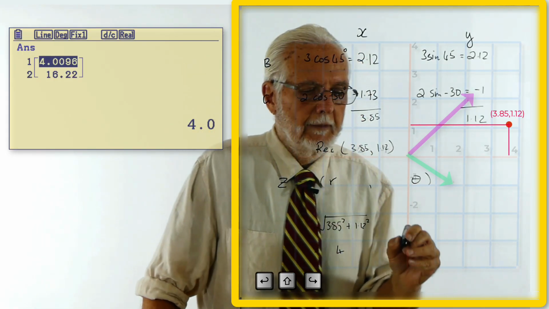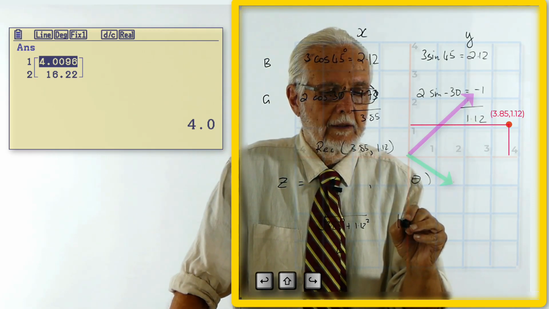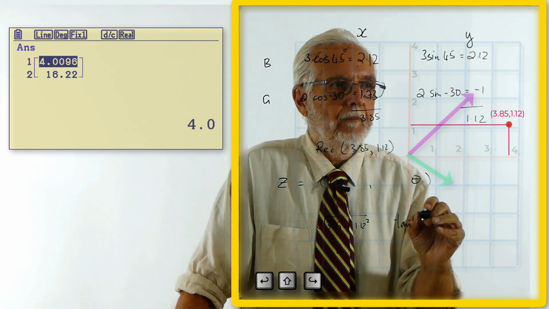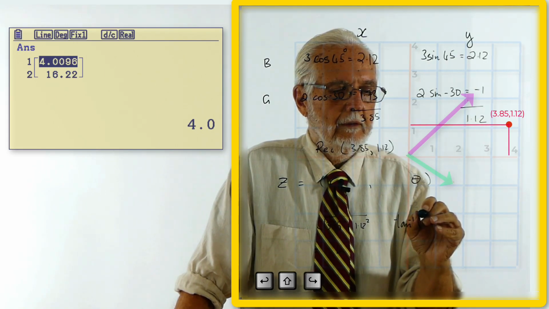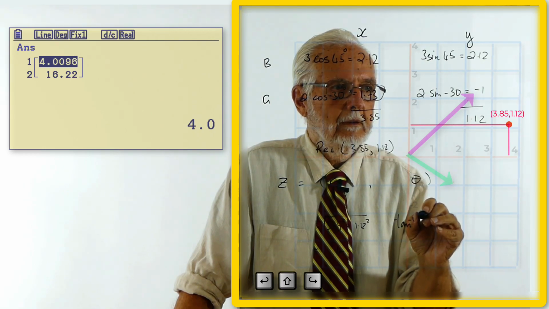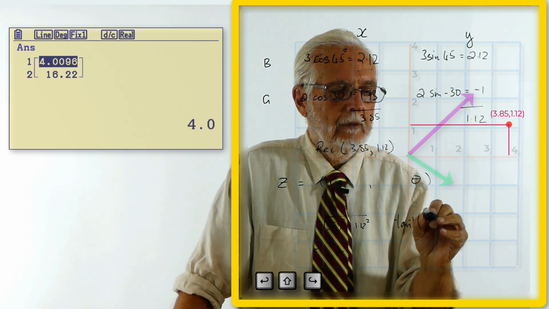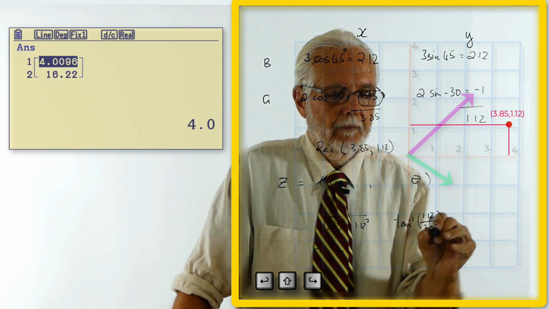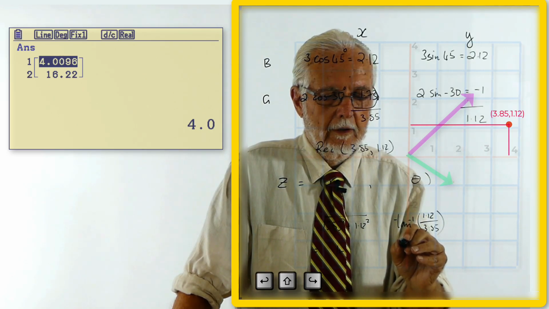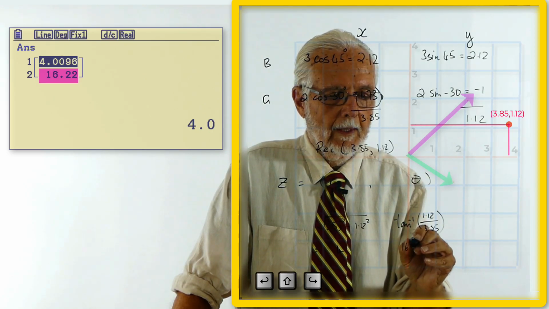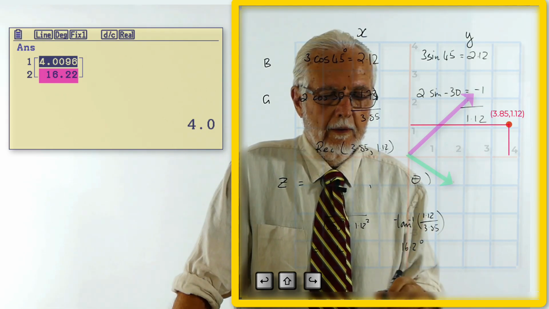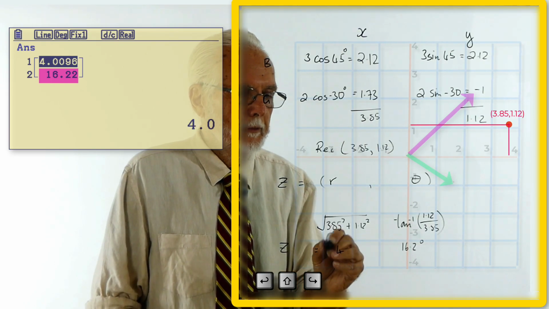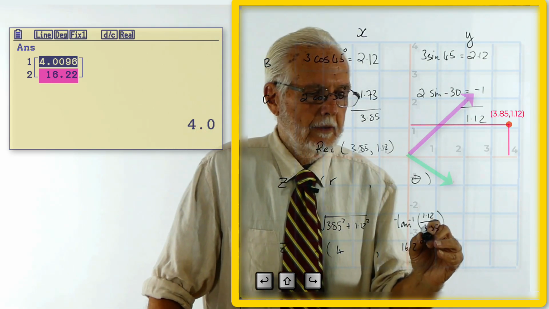And for theta, it's always going to be tan to the negative 1 of the opposite on the adjacent, which is going to be 1.12 divided by 3.85, which will be equal to 16.2 degrees. So we can say that z is equal to 4, 16.2 degrees.